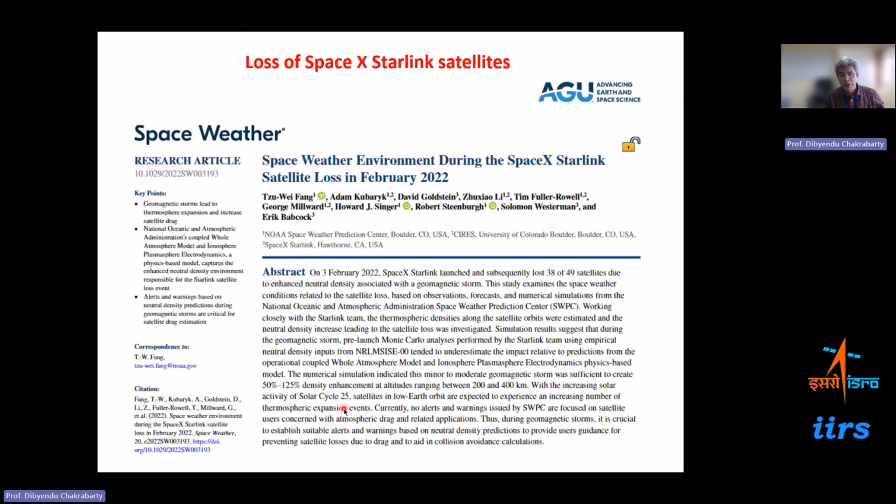Sometimes smaller solar disturbances can create a greater impact, and sometimes greater solar disturbances, for reasons which need to be understood, can create a smaller impact. Therefore, forecasting of space weather is of utmost importance, because we have a lot of technological assets, for example satellites, in space.